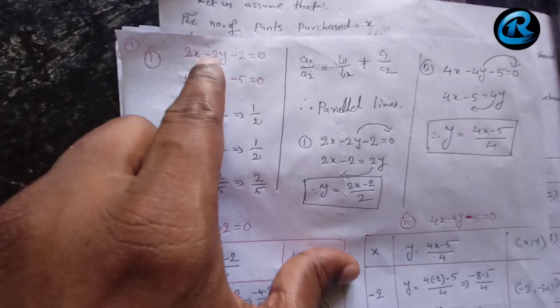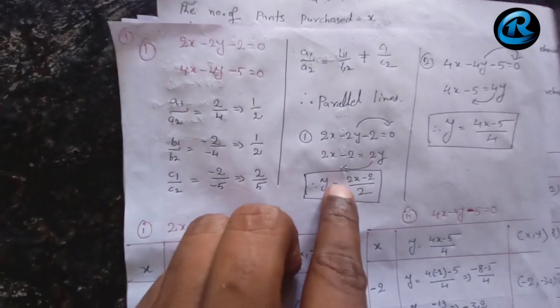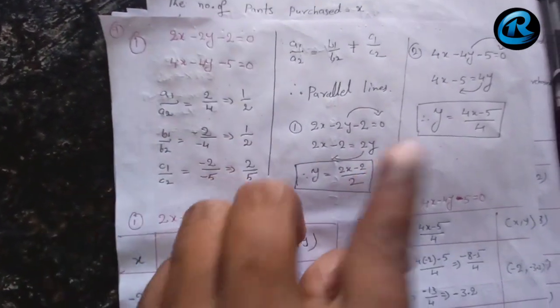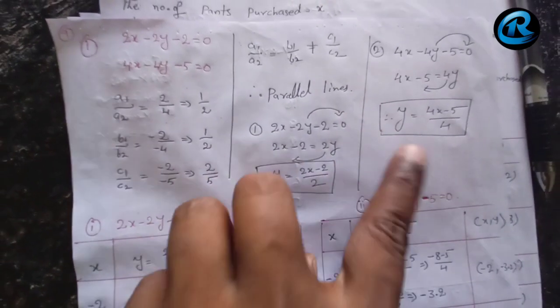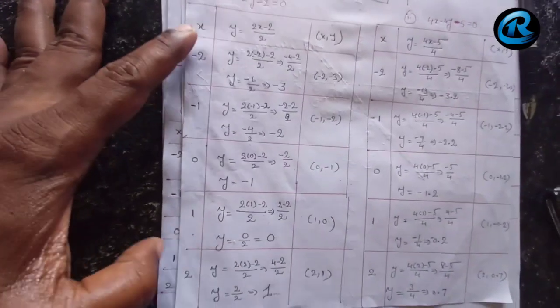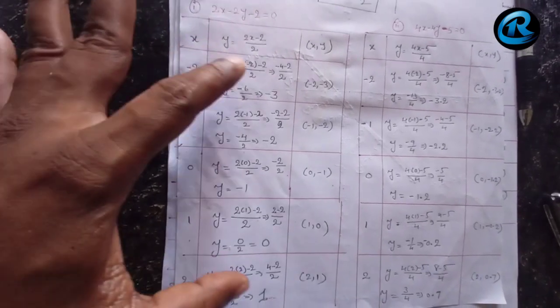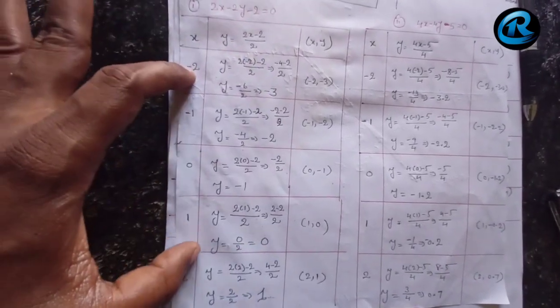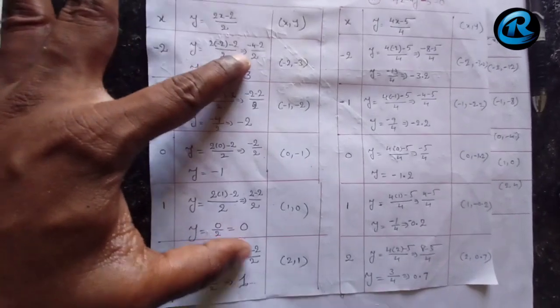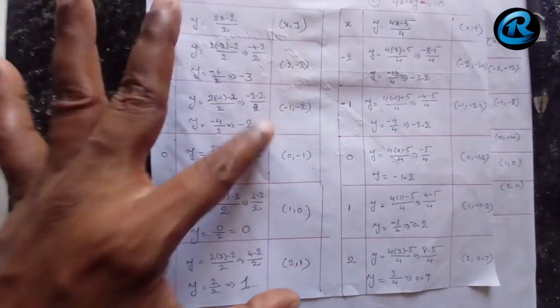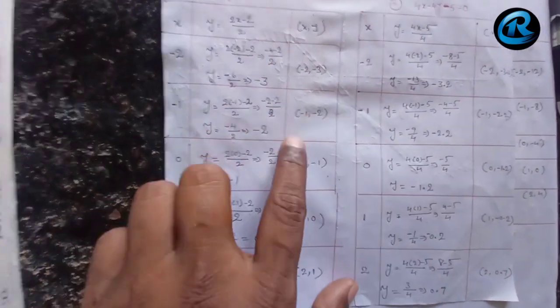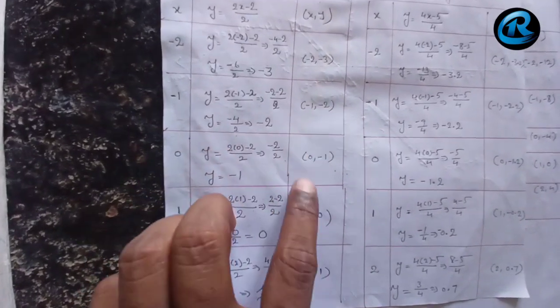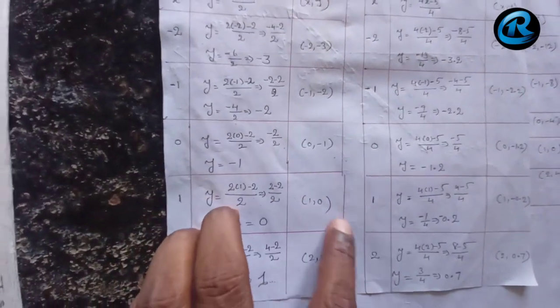So equation number 1, you take it and make it y equal to. Equation number 2, you take it and make it y equal to. You will get y and y. And here you assume some x values, and by substituting these x values you will get y values. Here you have x comma y values: minus 2 comma minus 3, minus 1 comma minus 2, 0 comma minus 1, 1 comma 0, 2 comma 1.